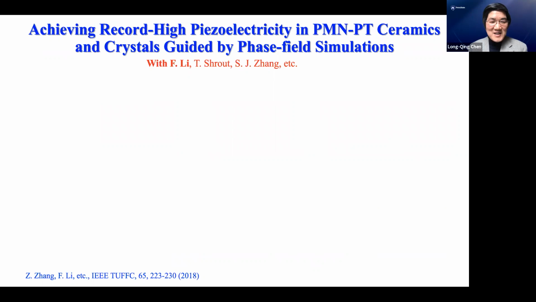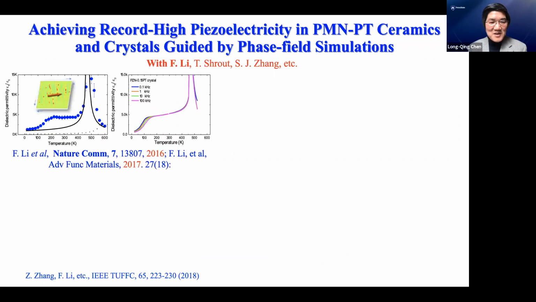Now, this is another example, from about 3 years ago when Dr. Fei Li was here as a postdoc and research associate for 3 years. By doing simulation, we looked at how putting a little bit of rare earth in a PMN-PT crystal can change the dielectric response.